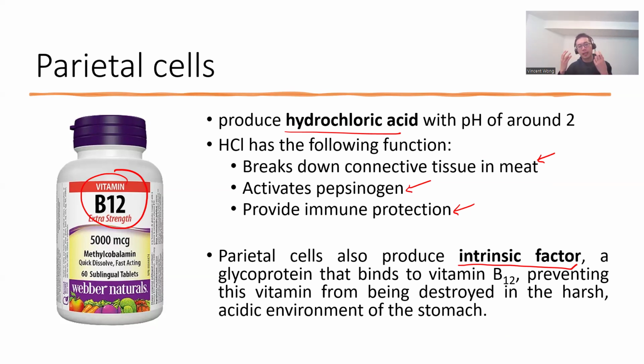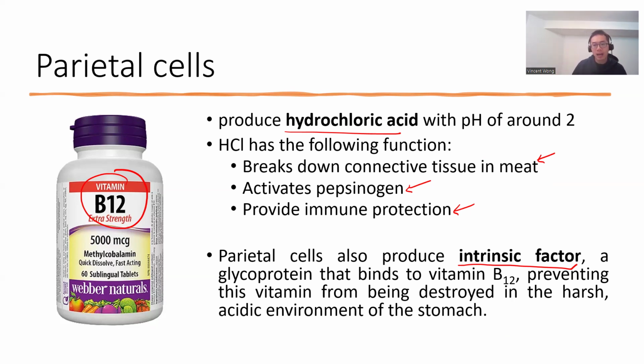The vitamin B12, which we can get normally from the food that we eat, is sensitive to acid, and the acid is going to destroy it before we can absorb it. So the intrinsic factor is going to protect the B12 from the acid so we can absorb it later.